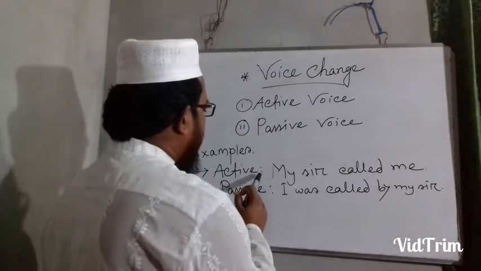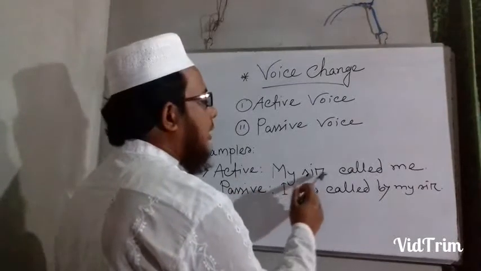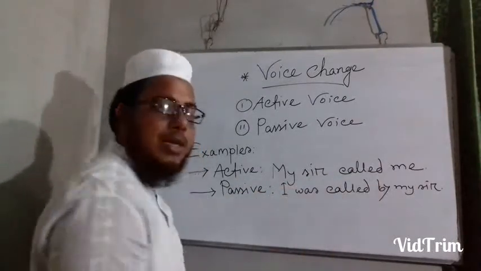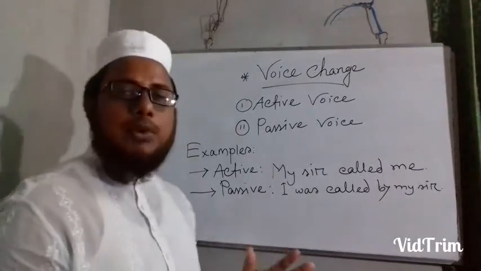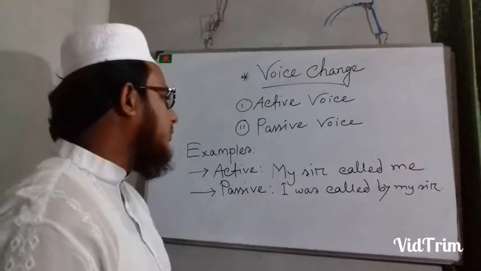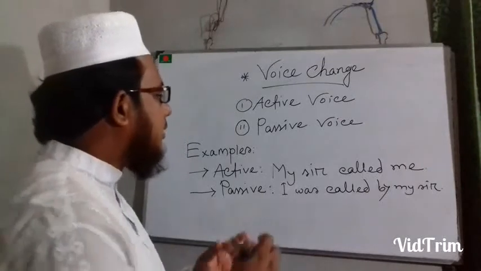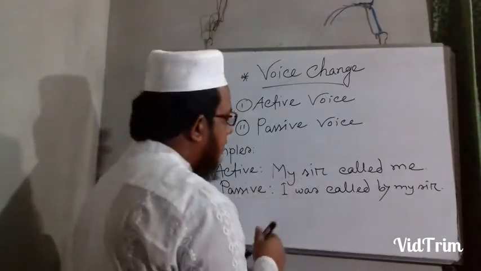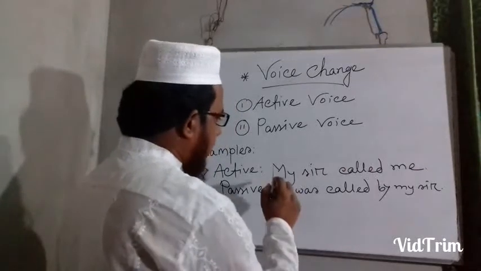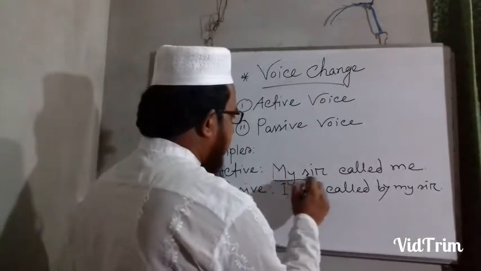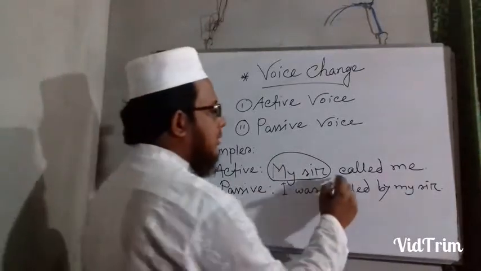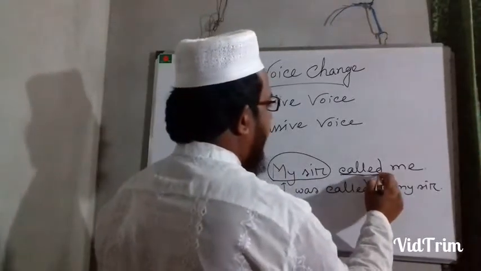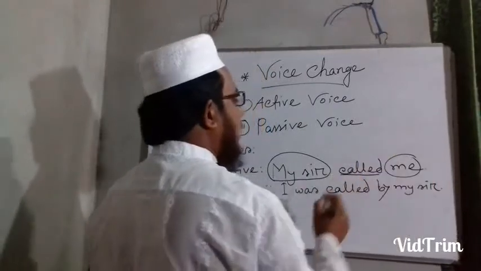Such as active voice, my sir called me. It is an example of active voice because in this sentence, we know that this is the subject, this is the main verb, this is the object.